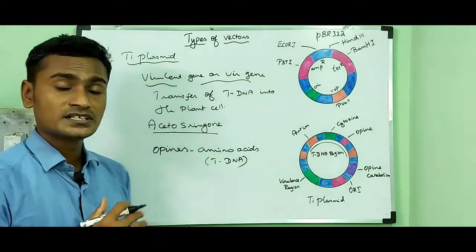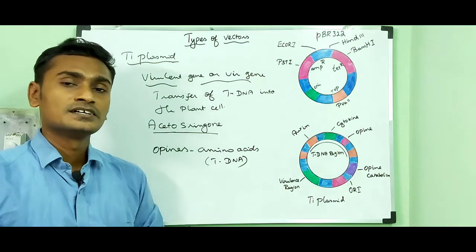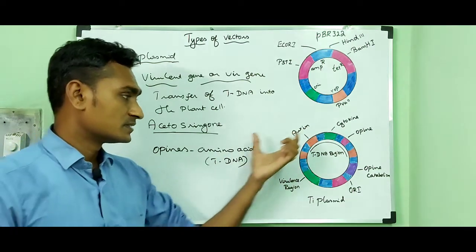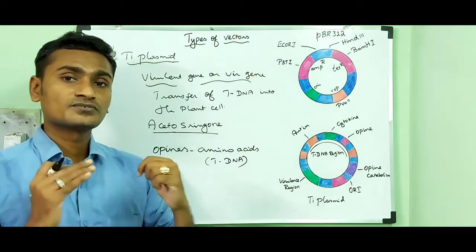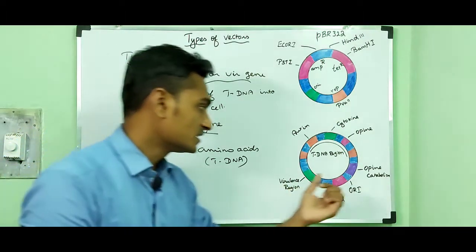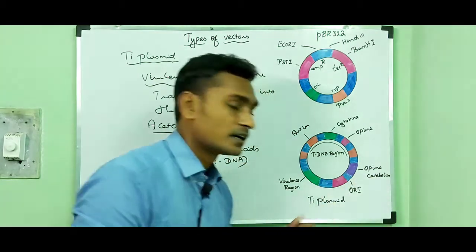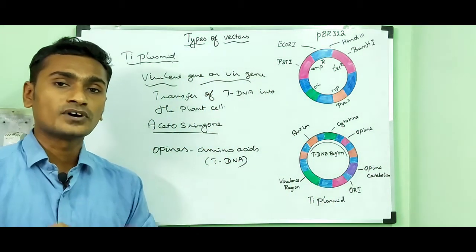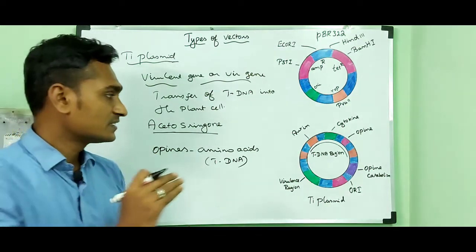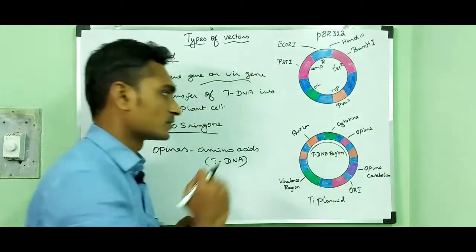So these amino acids are used as a source of energy by the bacterium. Here you can find opine catabolism. So these opines are used by the bacteria as an energy source, and it contains auxin and cytokinin.